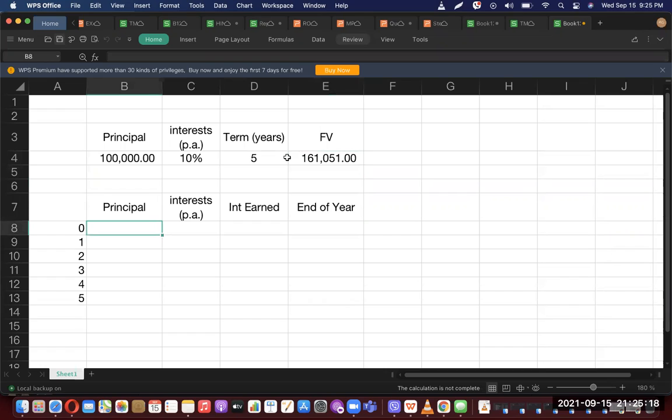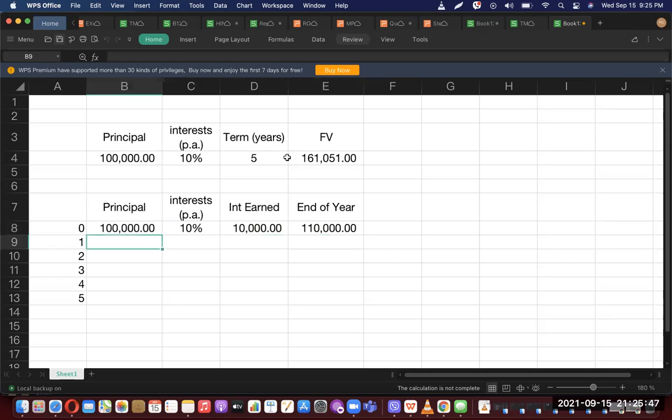Now, in order to prove that it's really correct, we can compute for the principal. Just copy the principal and the interest rate. Remember, it's per annum, so per year. The interest earned for the year would be 100,000 multiplied by 10%, so you earn 10,000 the first year. At the end of the year, you have 100,000 plus 10,000.